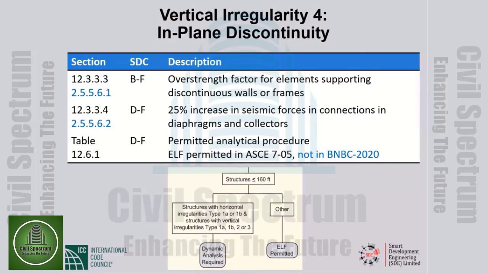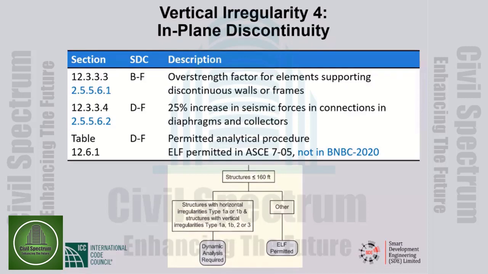That's extremely important. Then 25% increase in seismic forces in connections in diaphragms and collectors. And then equivalent lateral force procedure will be permitted by ASCE 7-05, but BNBC will have you do dynamic analysis. Any vertical irregularity, BNBC will force you to do dynamic analysis.